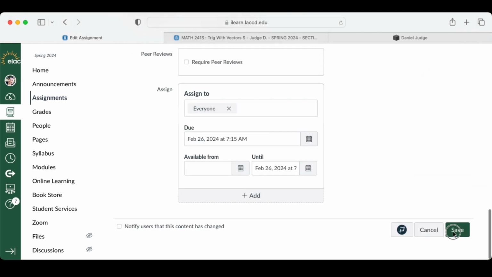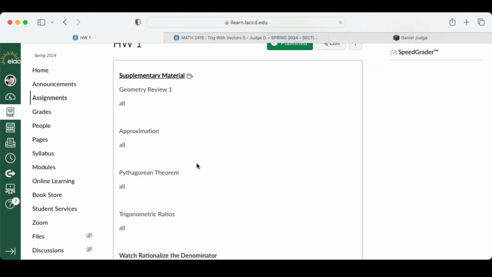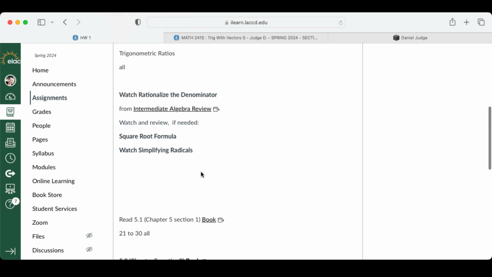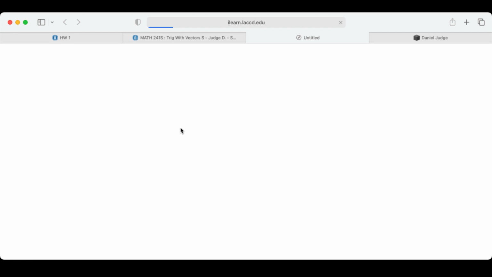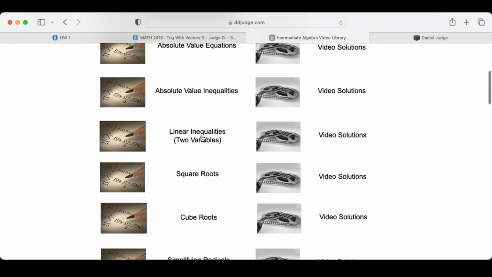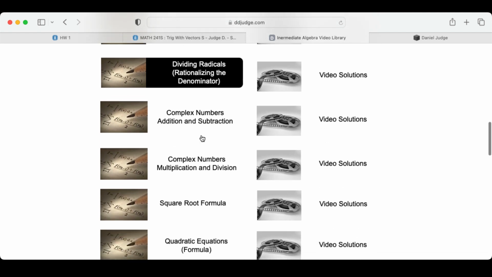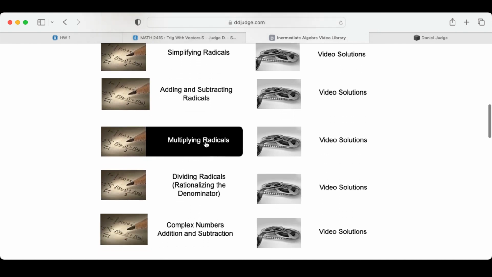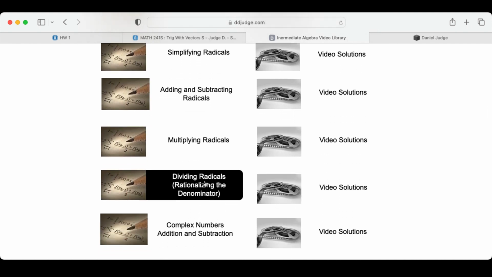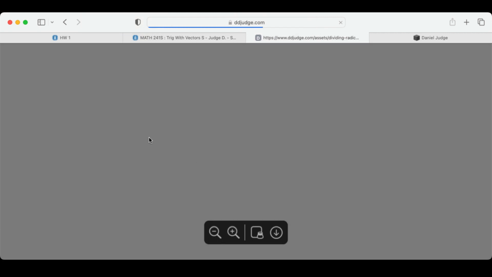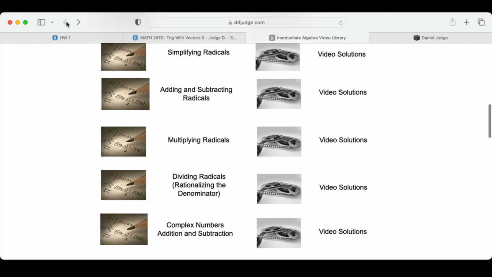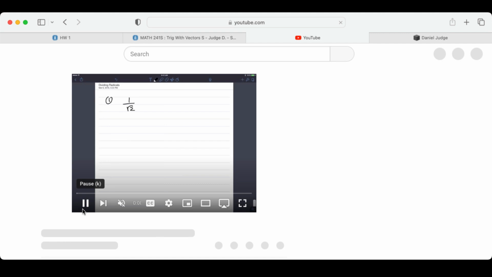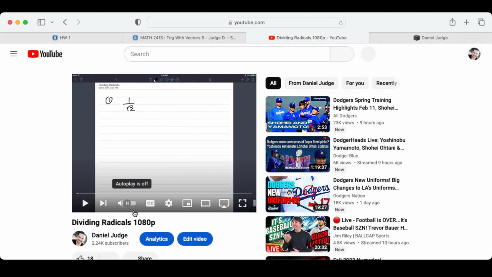Let's go here. Algebra review. Let's click that link. And there should be something called rationalize the denominator. It's right here. It's also known as dividing radicals. So I have a worksheet there. And of course, next to that worksheet are the videos for it. So I have those videos there for you on how to rationalize the denominator.